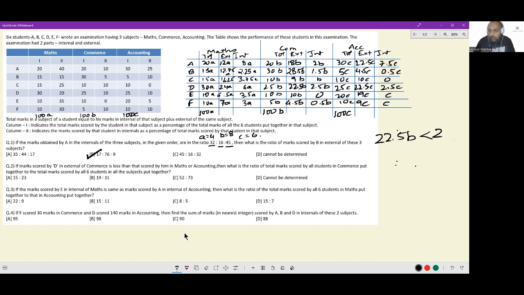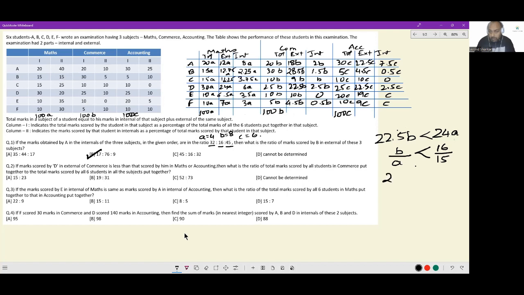Is less than 24A, or B by A is less than 24 by 22.5. Cancel by 1.5, so 16 by 15. B by A is less than 16 by 15.